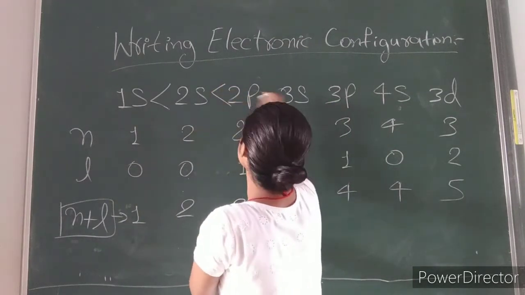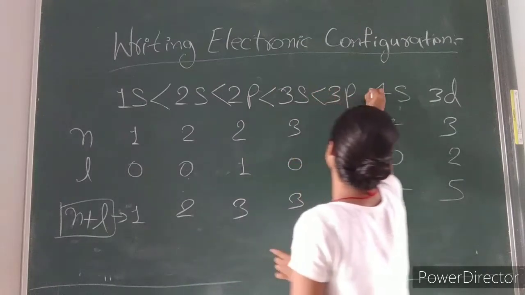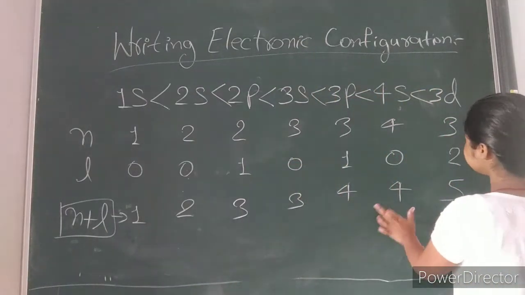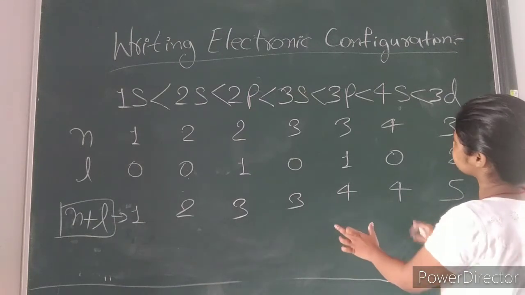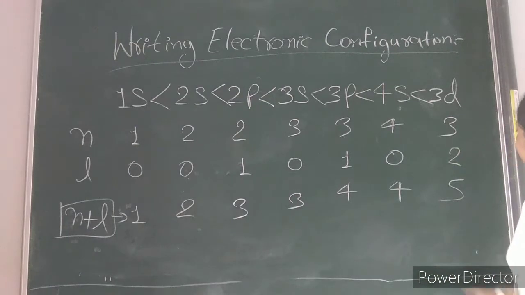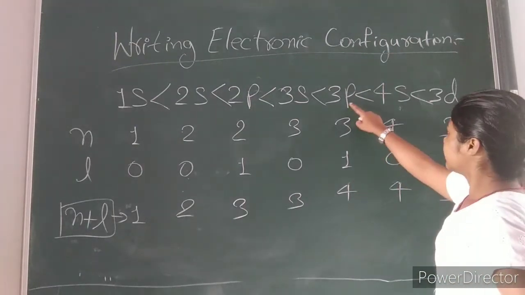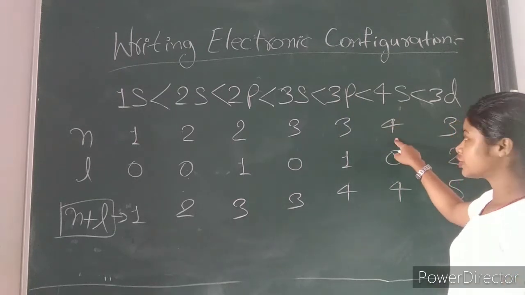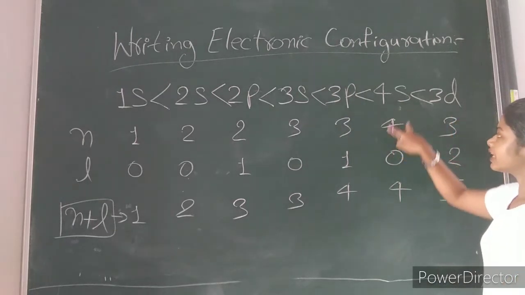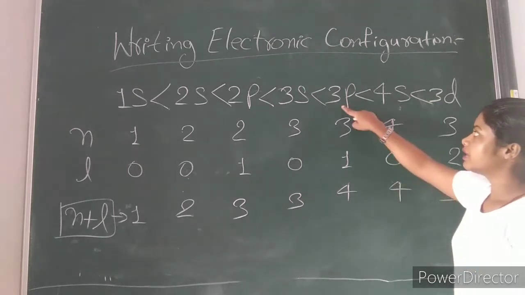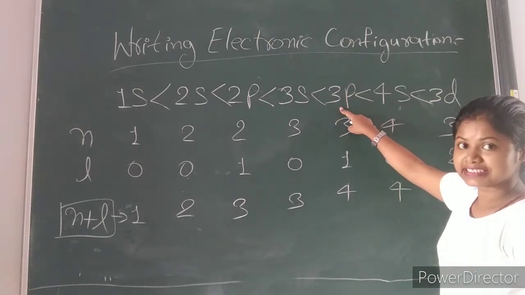So the order is 2s, then 2p, then 3s, then 3p, then 4s, then 3d. Here also you can see 3p and 4s: n is 3 for 3p and 4 for 4s, so we have put 4s later. Though their n plus l value is the same, the orbit number of 3p is less.